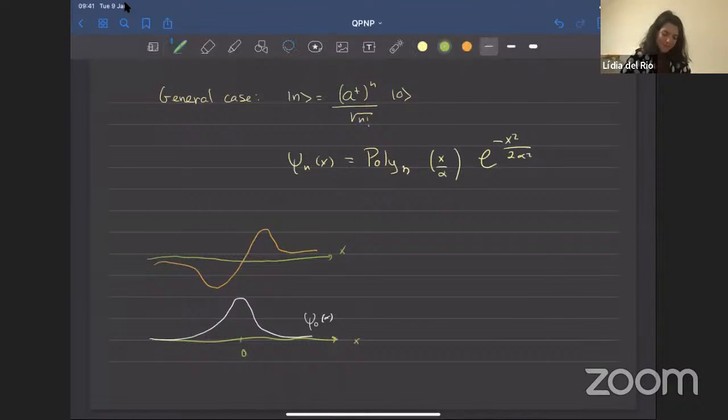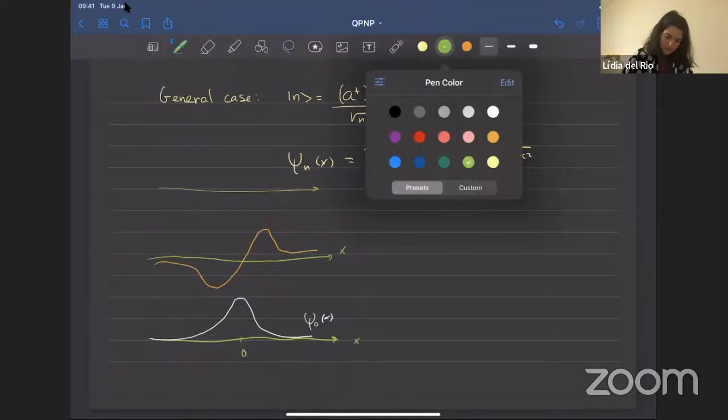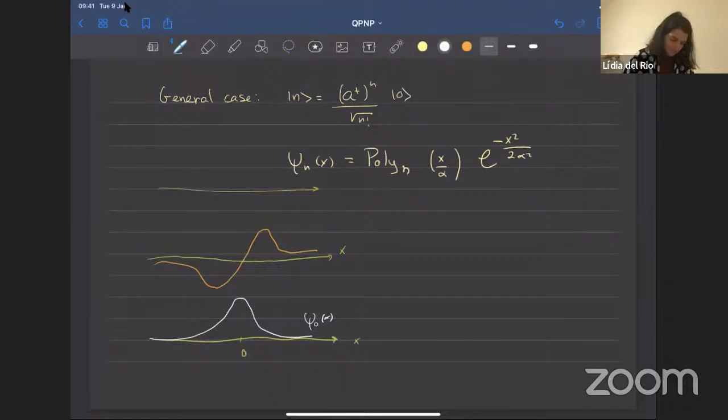And then the next one, it's going to be looking a bit like a camel, something like this.